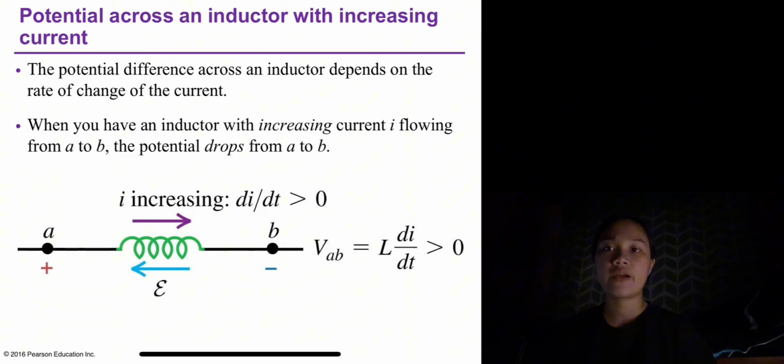According to Faraday's law of induction, any changing magnetic field produces an induced EMF. This induced EMF is a direct consequence of the changing current. And Lenz's law, as you can remember, tells us the direction of this induced EMF. It always acts to oppose the change that created it.